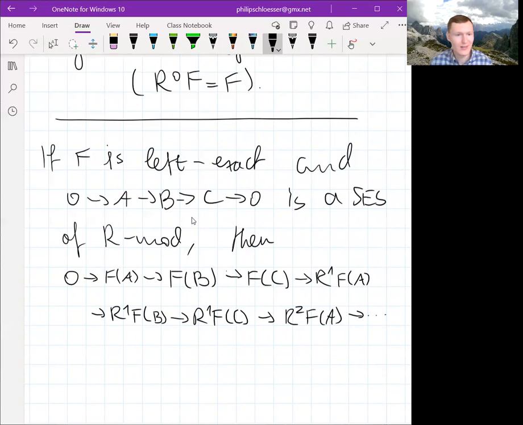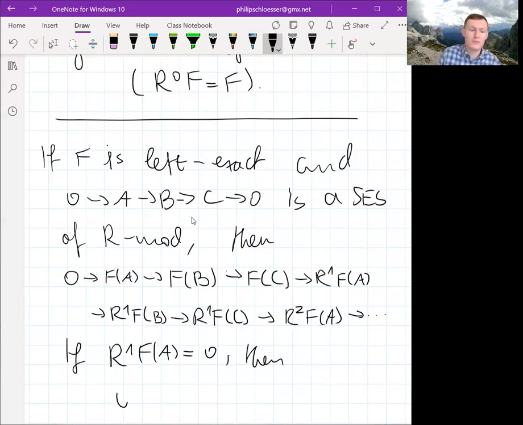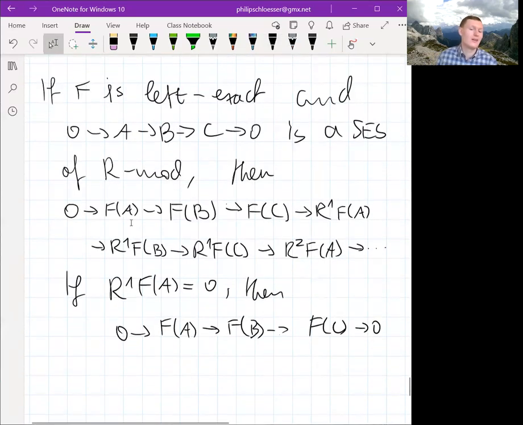And this now tells you exactly how the right derivatives tell you how much this functor fails to be exact. Namely, if the first right derivative of F applied to A, R^1FA, just happens to be 0, then we have a 0 here. So then 0 to FA to FB to FC to 0 is indeed exact.